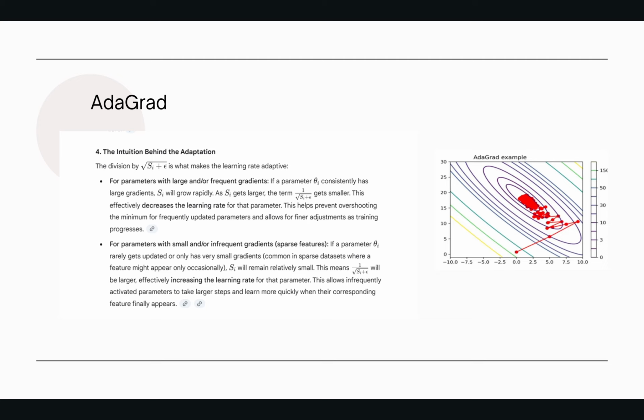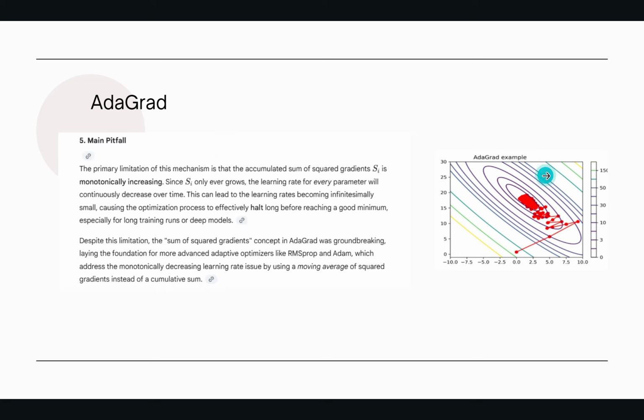Meanwhile, for small gradients, let's say we have taken a lot of steps already, we want to take larger steps now because we still have not reached the global minimum. So by dividing by a smaller or larger square root of S_i accordingly, it will affect how our learning rate progresses.